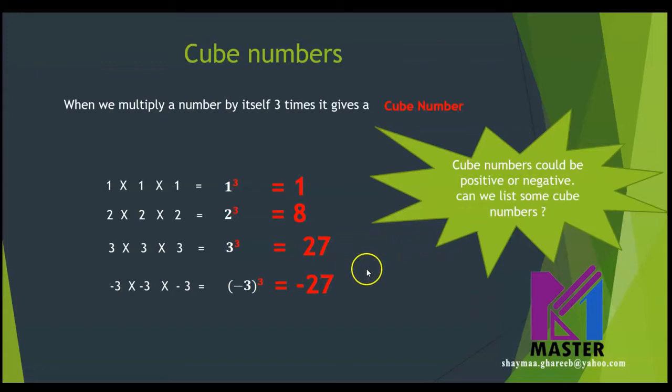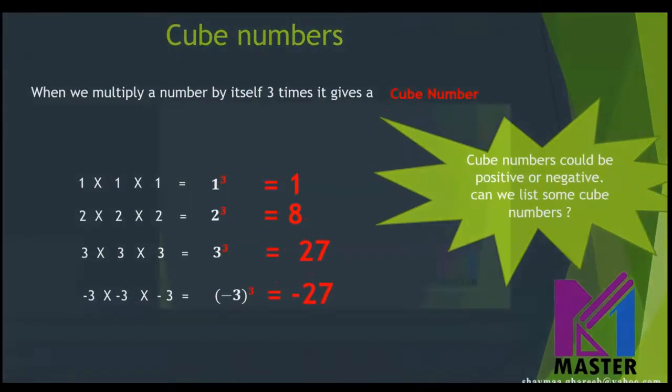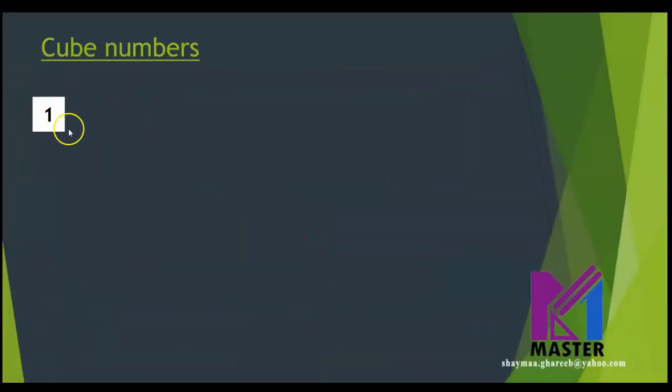We can list some cube numbers. Can you list now more cube numbers than these numbers? I want you to prepare yourself and start to list together some cube numbers. The first cube number we said is number 1, and it comes from cubing number 1.